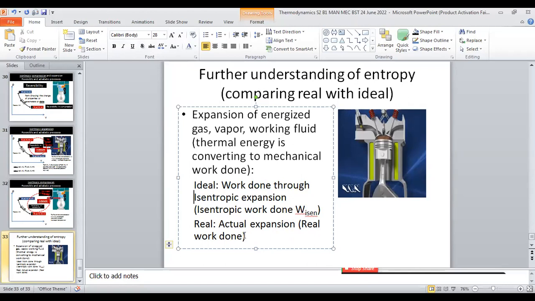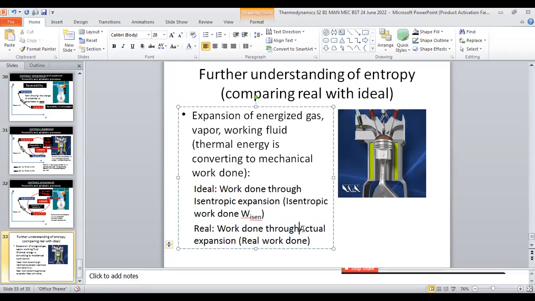So work done through actual expansion. Actual expansion, real work done. So this is W real.